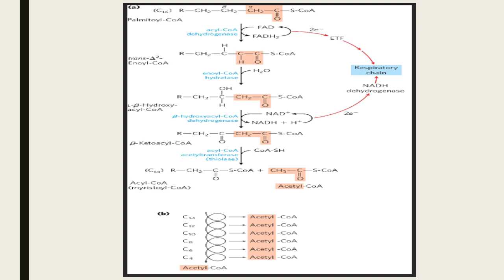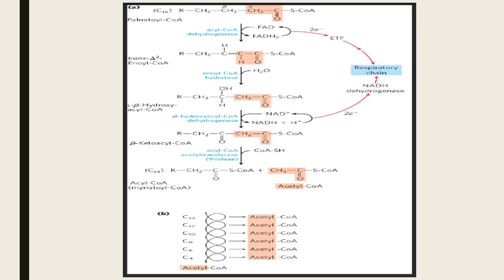It will undergo again the steps of beta oxidation until it becomes 8, until it becomes 6, until it becomes 4. At that fourth, your 4 carbon atoms will be cleaved into 2 acetyl coenzyme A. That is what we call beta oxidation.